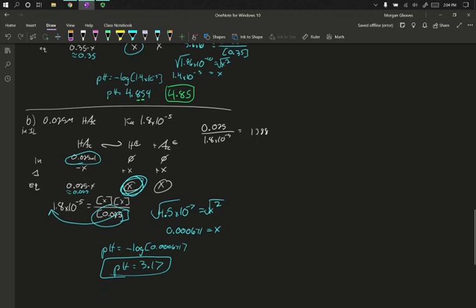Ammonium is 10 to the minus 10, whereas acetic acid is 10 to the minus 5. The larger your Ka value, the more products you must make. So for the Ka for acetic acid to be 5 orders of magnitude larger than the Ka for ammonium, we must make a lot more products by comparison. And we see that in our pH. We get a rather large decrease in pH, which is more acidic.